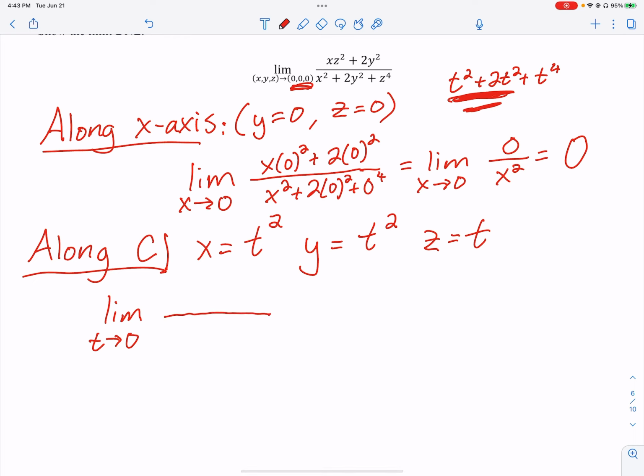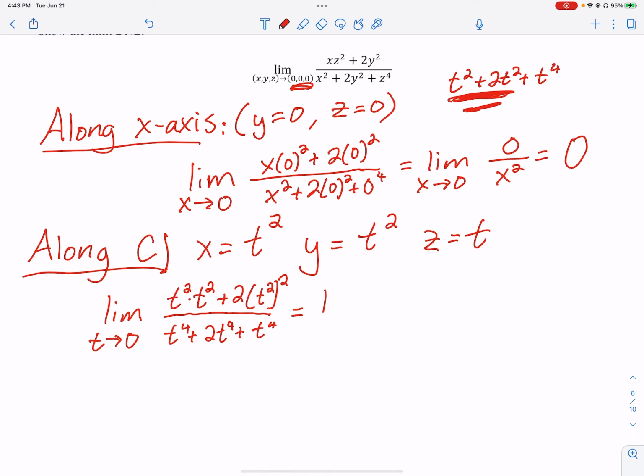Okay, now I replace. I get t squared times t squared plus 2 times t squared squared, over t to the fourth plus 2t to the fourth plus t to the fourth, because z was t.